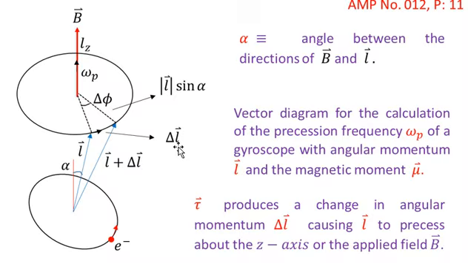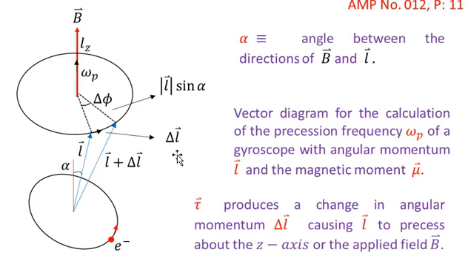The arc of delta L will project an angle delta phi at the center of this precessional loop, which gives the precessional motion of the vector L, and the radius of that precessional loop is |L| sine alpha.